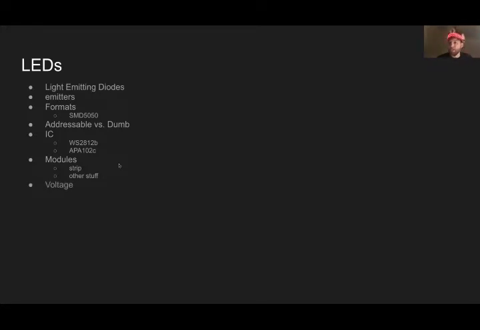Now, related to this concept of modules is voltage. So in order to successfully construct any sort of LED installation or wearable, you're going to need to build an electronic circuit. And a defining characteristic of that electronic circuit is what voltage it operates on. You have to get the voltage right in order for the LEDs to work and for them to not burn out.